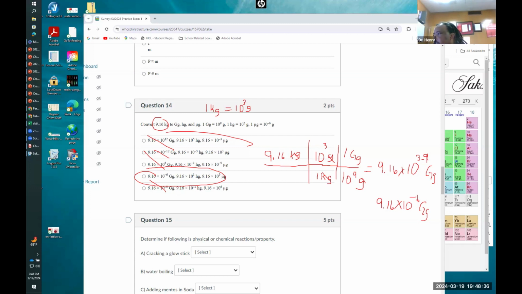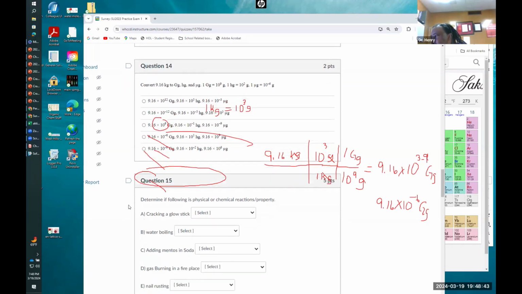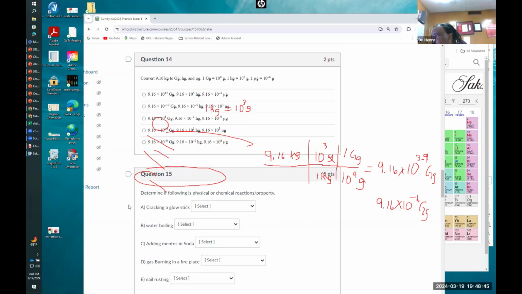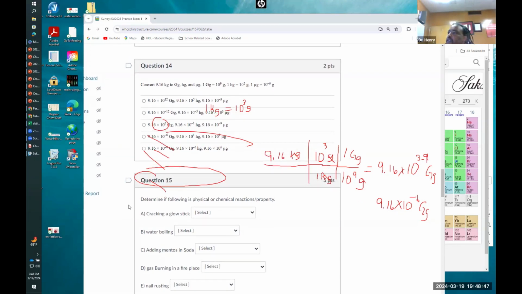Our next question. So let's scroll this up. Number 15. It says, determine if it is a physical or chemical reaction or property. Cracking a glow stick: chemical. Boiling water: physical.